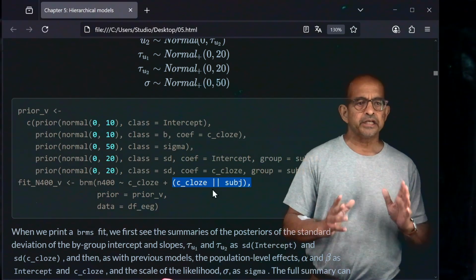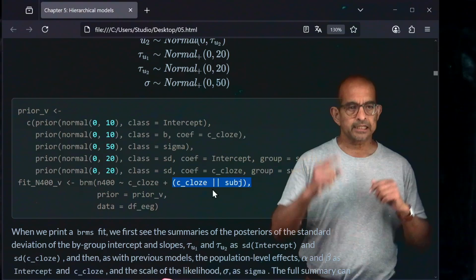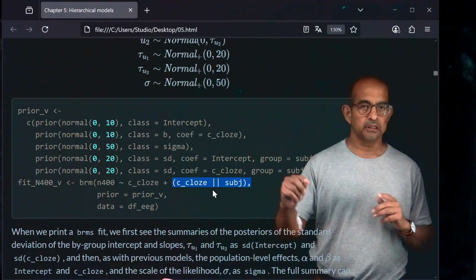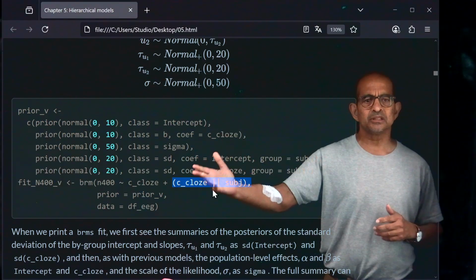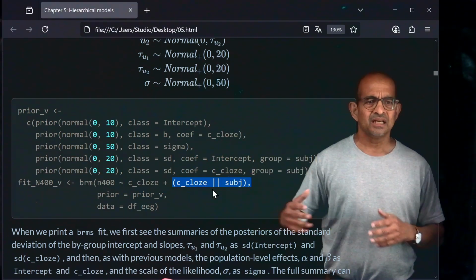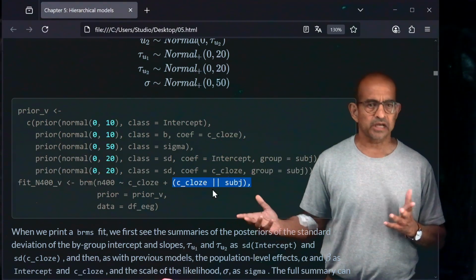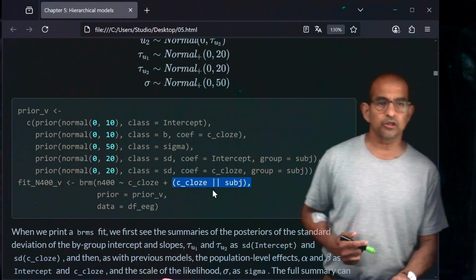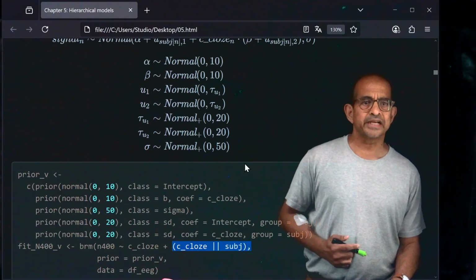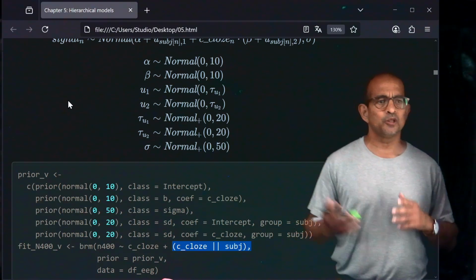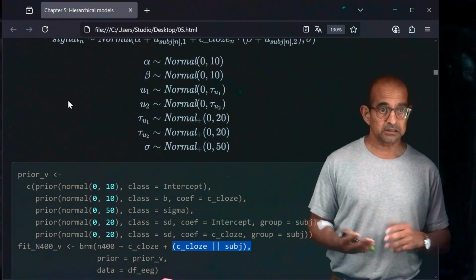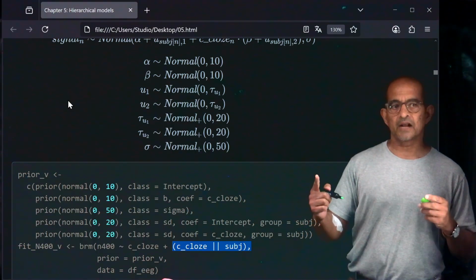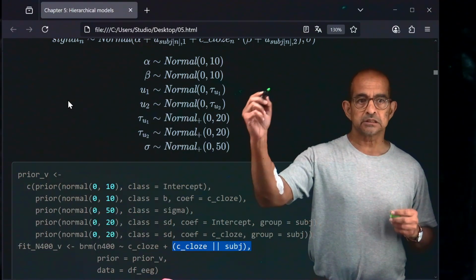It's actually very useful to always maintain a graphical summary in your mind of what we are talking about here. Because looking at these mathematical equations, the syntax of BRMS or LME4, and looking at the mathematical formulation of the model, one often forgets, or it's hard to keep in your mind what this actually means, right? And it's easy to keep this in mind if you just think of the graphical relationships that we are modeling.